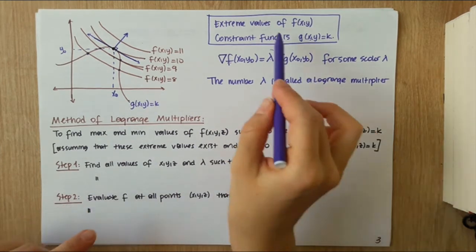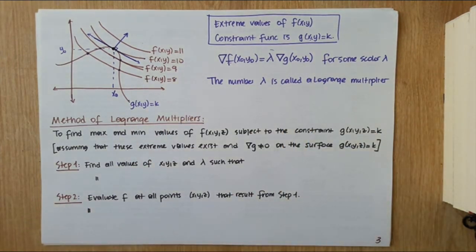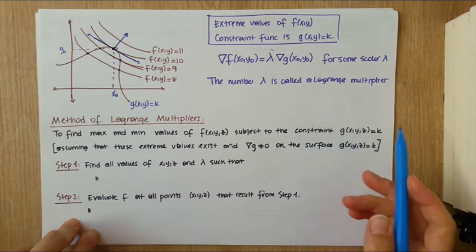Okay, this part is related to the two variable case, and I will give the method of Lagrange multipliers for the general case, in other words, for the three variables case. So to find the maximum and minimum values of f of x, y, z, a function of three variables, subject to a constraint function g.